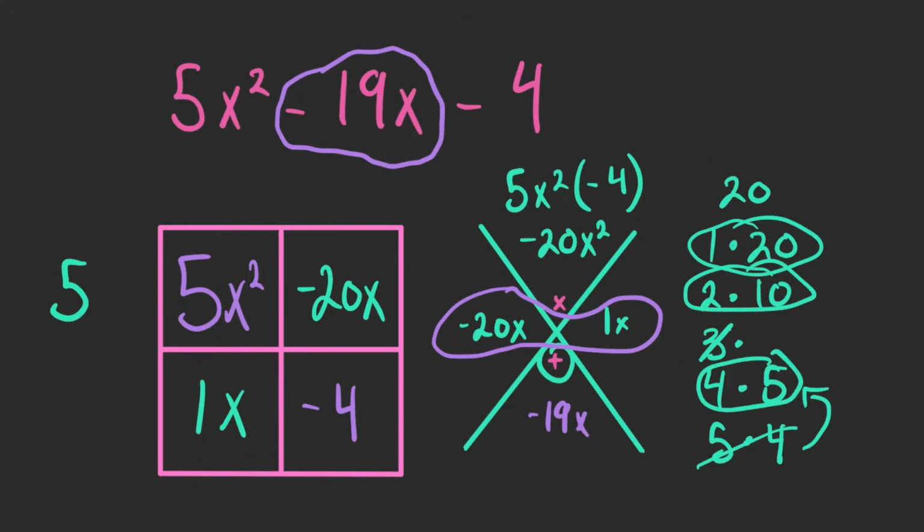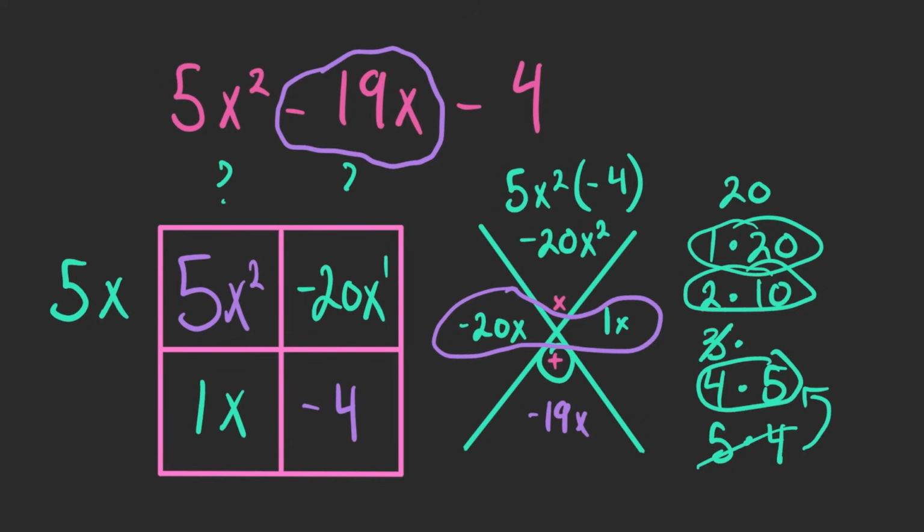Then let's think, what is the GCF of x squared and x? Remember the rule for finding the GCF of variables is always look at the lowest exponent. In this case, we have an x squared here and an x to the first, so the lowest exponent is x to the first. So I'm just going to write an x there. What's nice is that you can now work backwards and figure out what these values are.